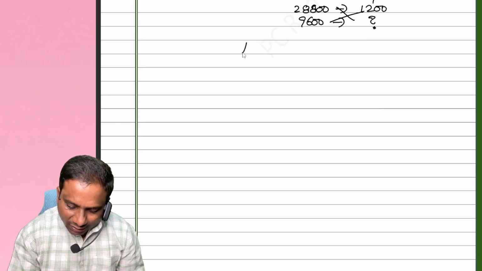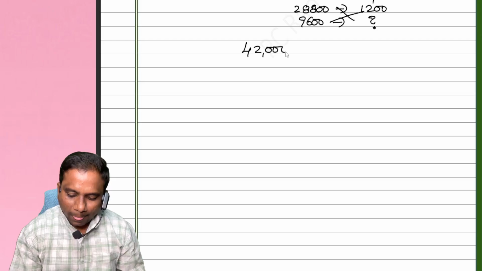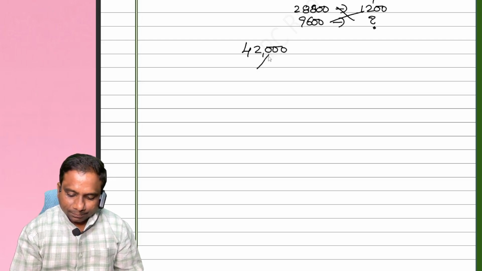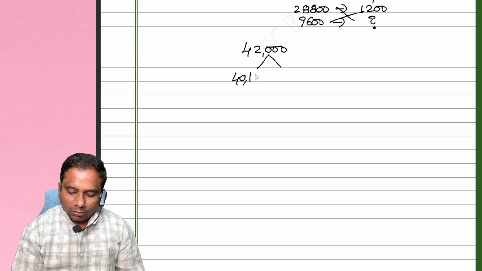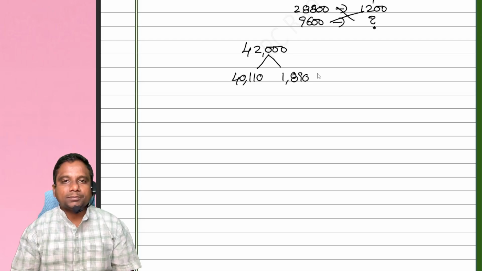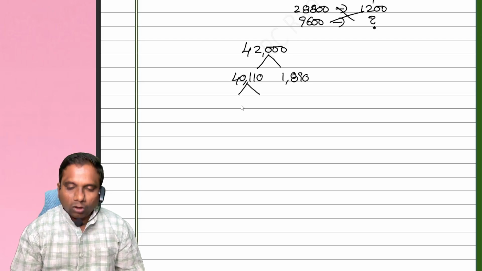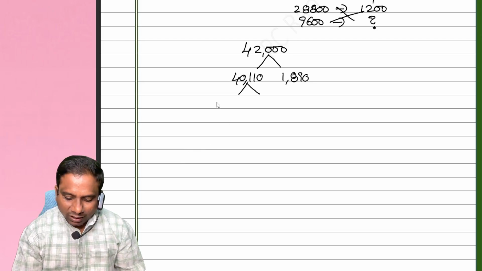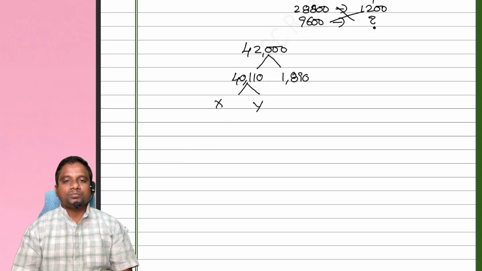Can you tell me the second bill amount first of all? 42,000. This is discounted for 40,110 and 1,890 is the discount. How is this 40,110 utilized by X and Y?